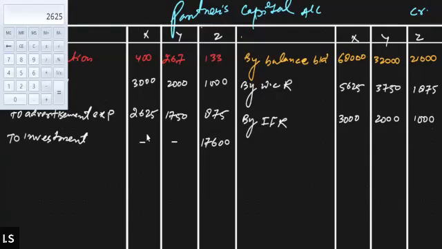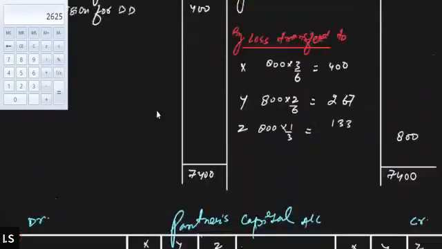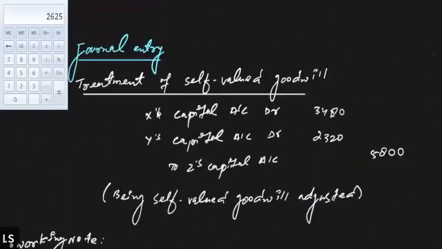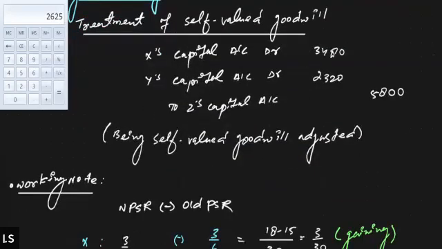So I think everything is done. Only one general entry needs to be recorded in the partners' capital accounts also. That was for the self-valued goodwill. In the self-valued goodwill, we have debited X capital account and Y capital account, and credited Z capital account 5800.